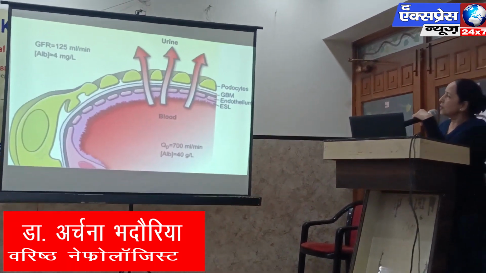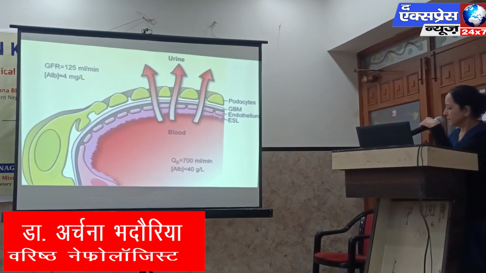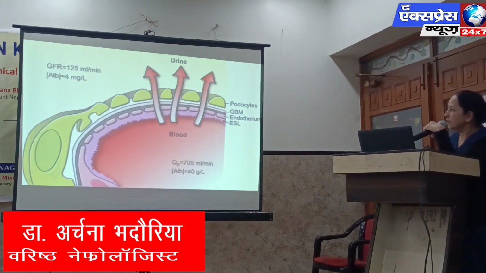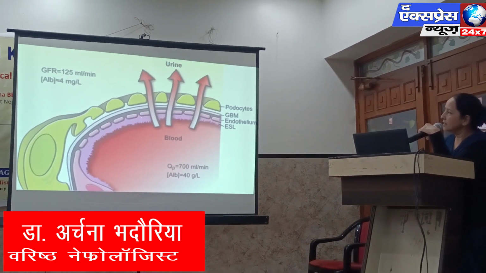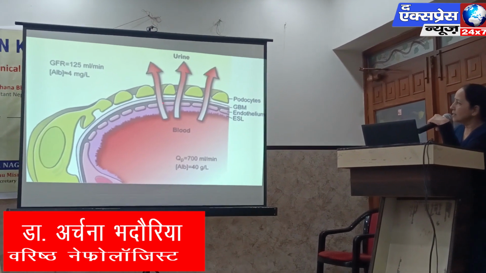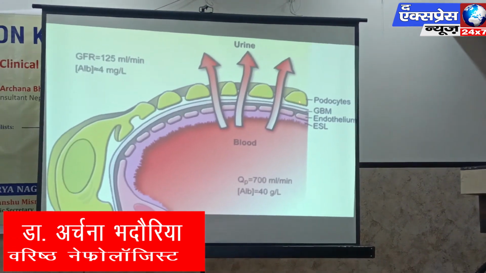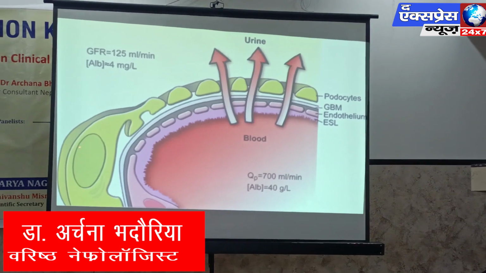So again, this is the glomerulus. This is the lumen of the glomerular capillary. This is the endothelium, this is the basement membrane, and this is the epithelium of the glomerular capillary.